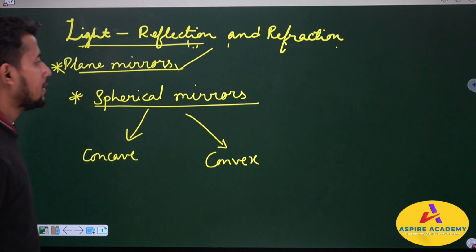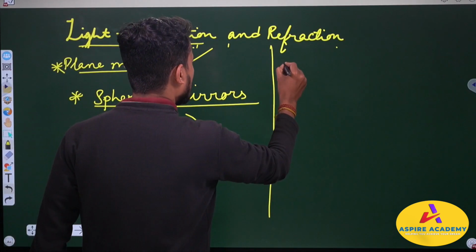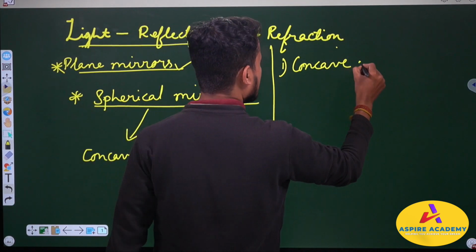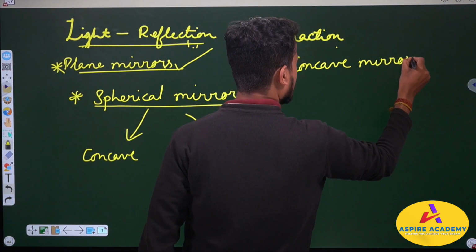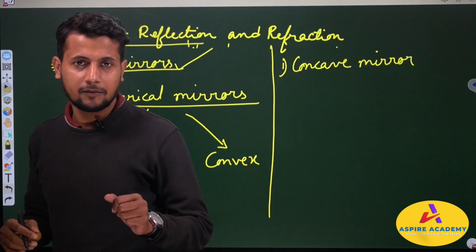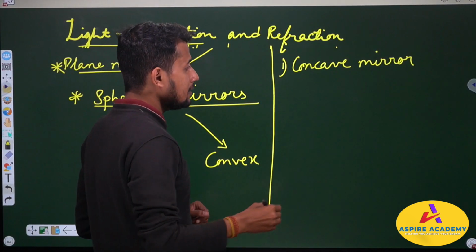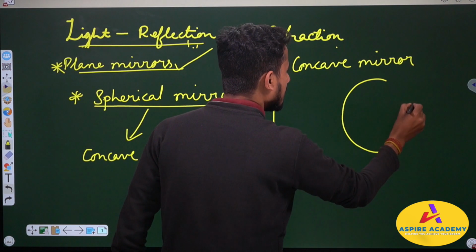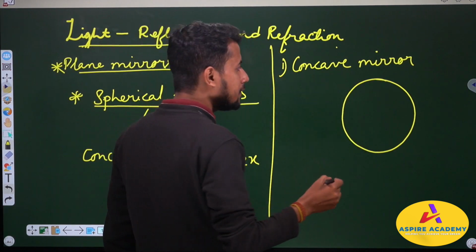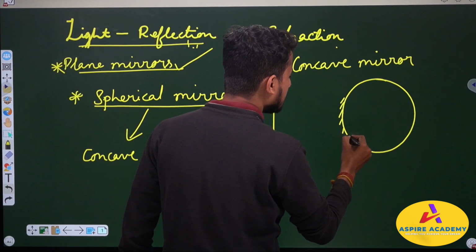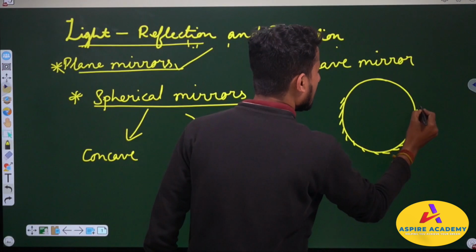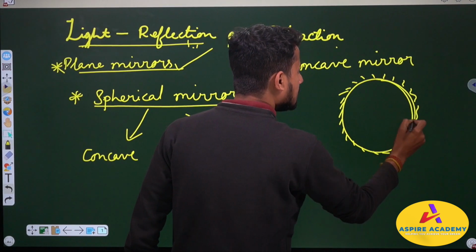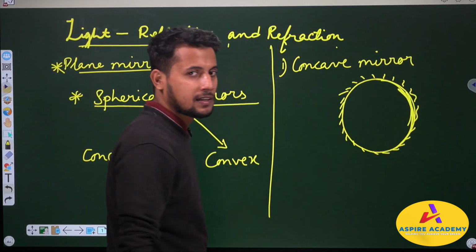Alright, so first we will do the concave mirror. So what is a concave mirror? You see, suppose you have a sphere, outside is rough surface, but the inner part is reflecting surface, shiny surface like a mirror.